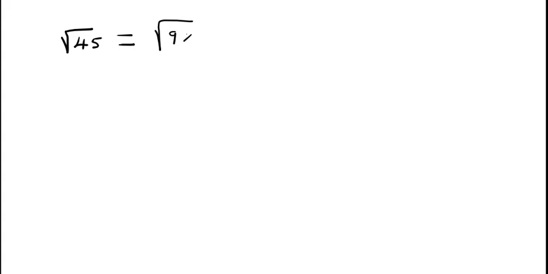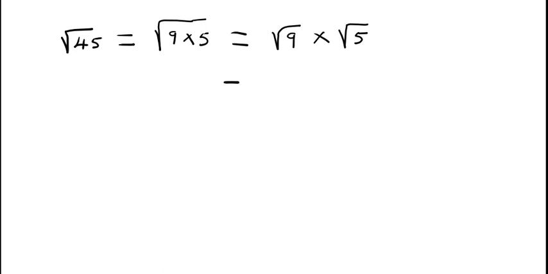So when you multiply 9 by 5, you are going to get 45. And 9 is a square number. So this will also be square root of 9 multiplied by square root of 5. Now, what is the square root of 9?